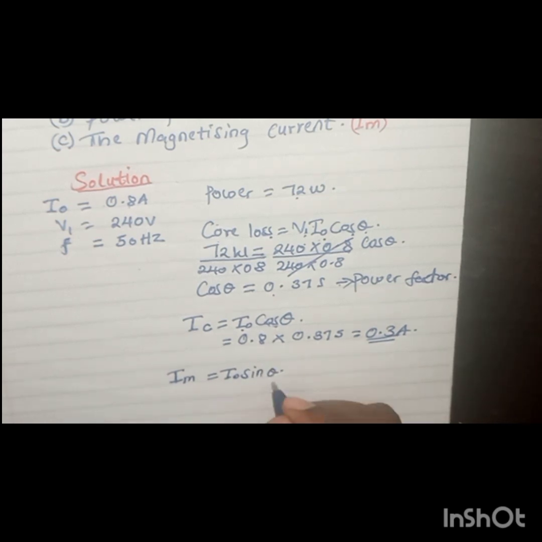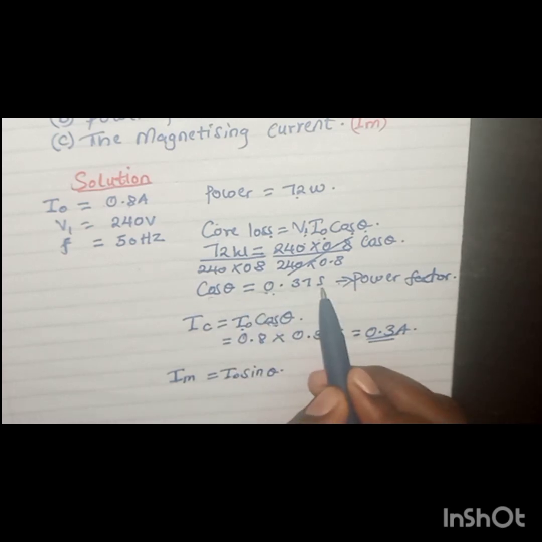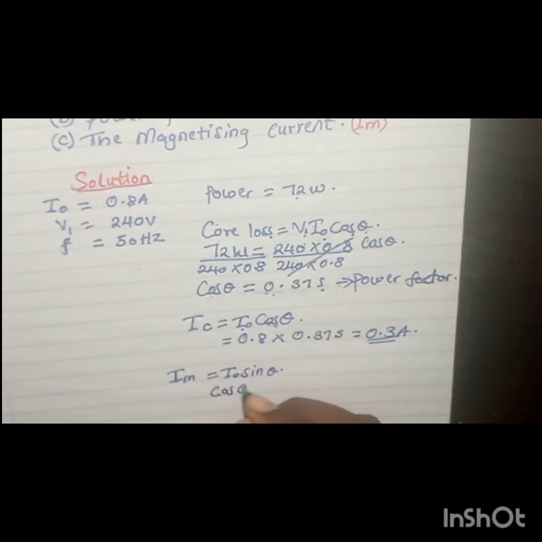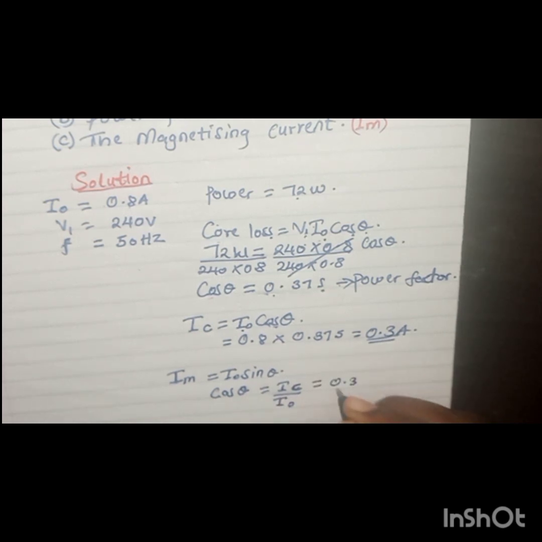We do not have sine theta, so we can first use this relationship to get theta, because from the phasor diagram, our cos theta was equal to IC over I naught, and IC is 0.3 amperes, I naught is 0.8 amperes.